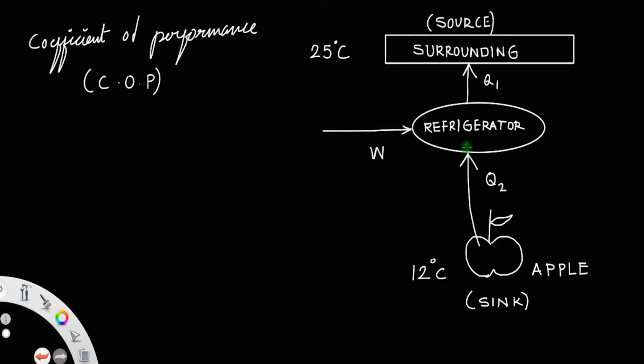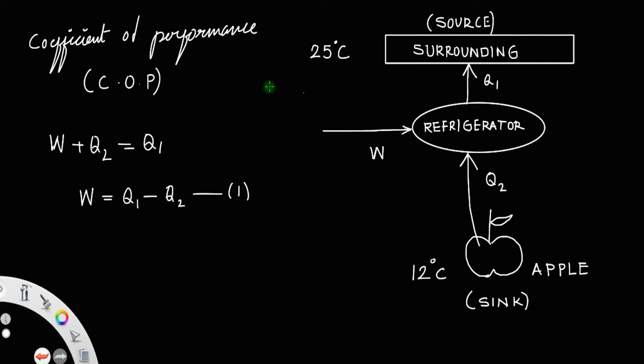These two arrows enter the refrigerator, which means the energy entering the refrigerator is equal to the energy rejected by the refrigerator. So W plus Q2 is equal to Q1, so W is Q1 minus Q2. Let's call that equation number 1.